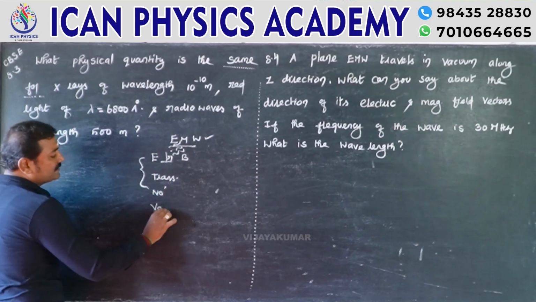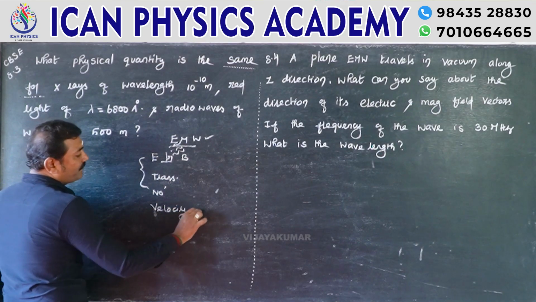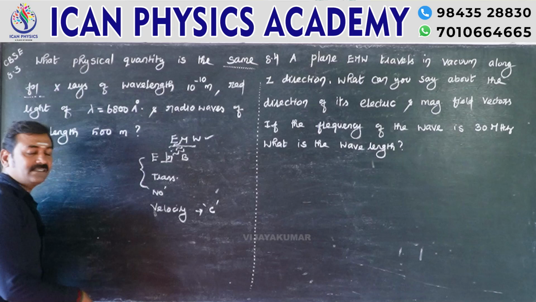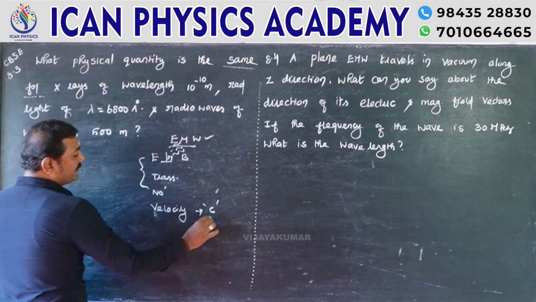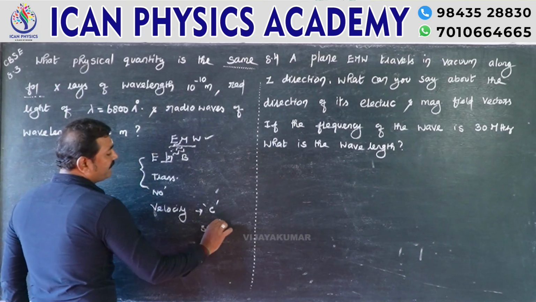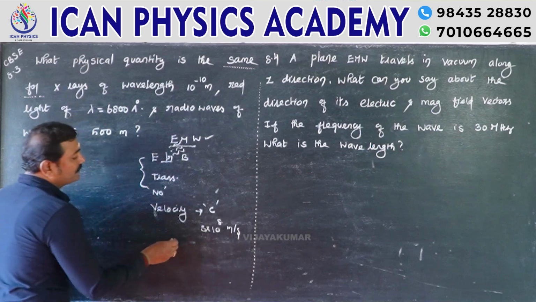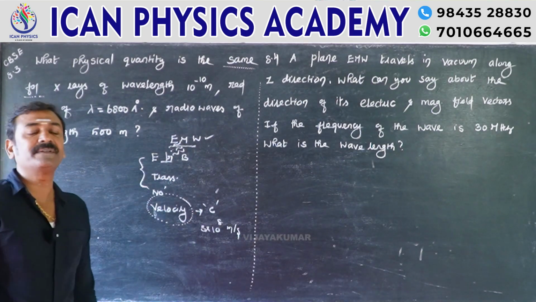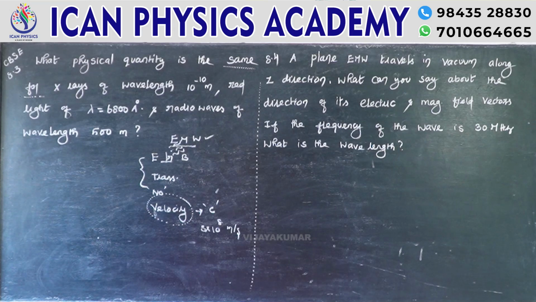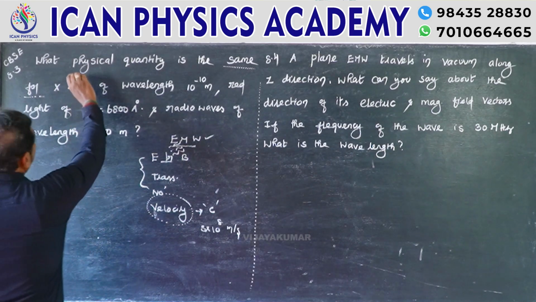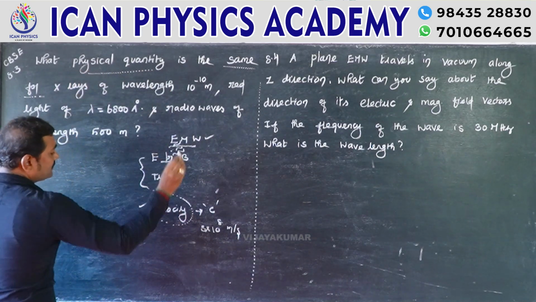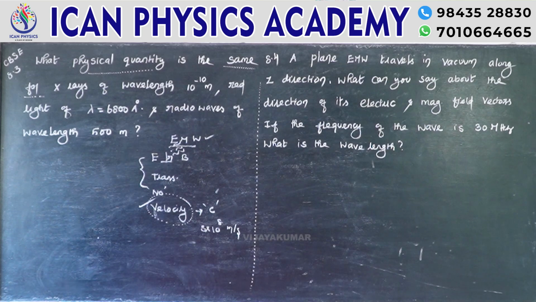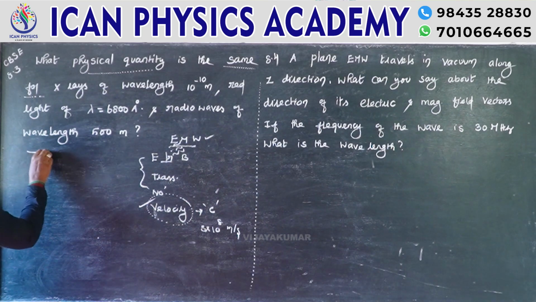The velocity of electromagnetic wave is the velocity of light, that is 3 into 10 to the power 8 meter per second. So we know that velocity is the physical quantity, or more specifically a derived quantity. So what physical quantity is same? The velocity of electromagnetic wave is same. In electromagnetic waves, what are all the waves that come?